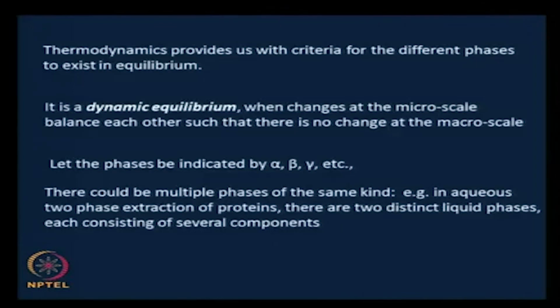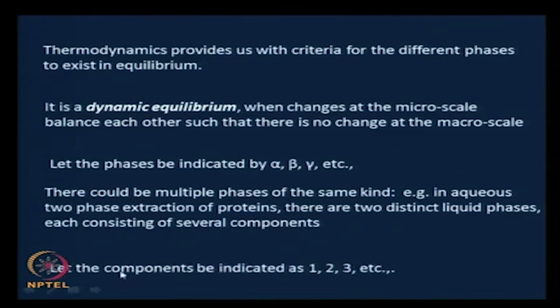So you can call one alpha, the other one beta and so on, and each of those phases consists of several components, and let the components be indicated as 1, 2, 3 and so on.